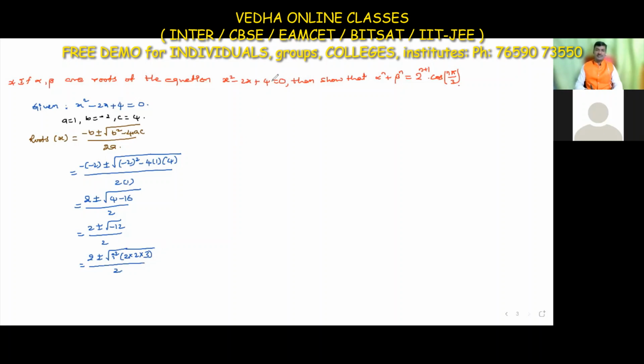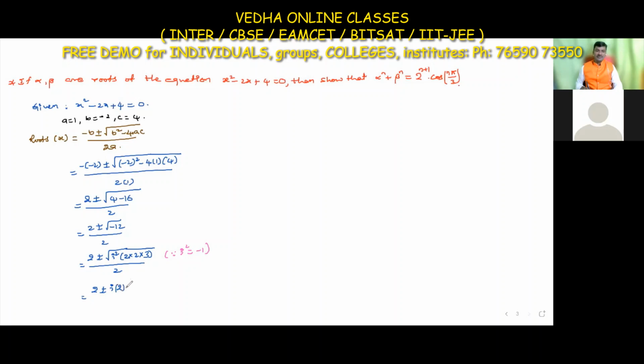So what concept is applied here? How did we get minus i square? We have the formula i square is equal to minus 1, right? Yes. So now this is equal to 2 plus or minus, here square and root get cancelled for i, and 2 into 2 is a pair, 2 square, and root gets cancelled.